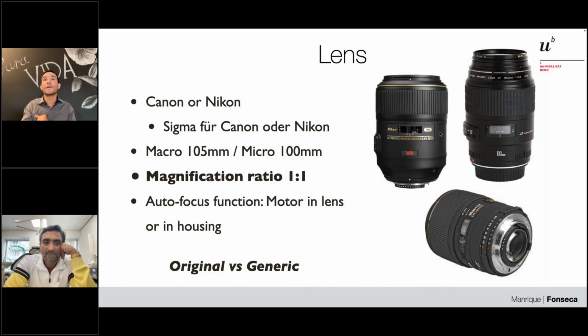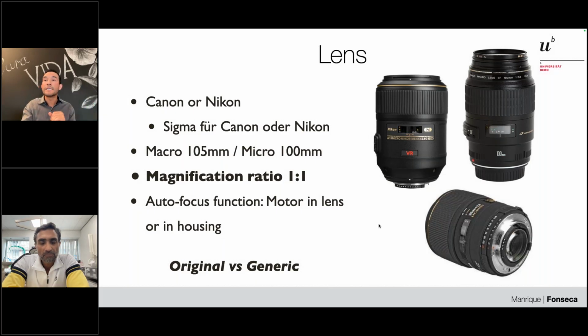Regarding the lenses, we recommend macro lenses, and a macro 100 millimeters. If you get this macro lens, you're going to get a magnification ratio of 1:1. So you're going to have the 1:1 size of a front tooth, for example, in the upper jaw. And then the other question here is, should I get original ones or generic ones? What is the advantage of generic ones? They are cheaper.